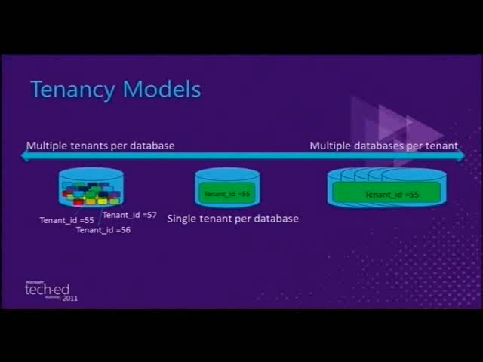So for safety purposes, we had one tenant per database, but some of these customers were very small. Some of them might only need 50 meg of data storage. So we would like to put many of these customers into a single database, and we can do that by writing lots of code and testing it really well. Because the one thing you don't want to do is show somebody else's data.